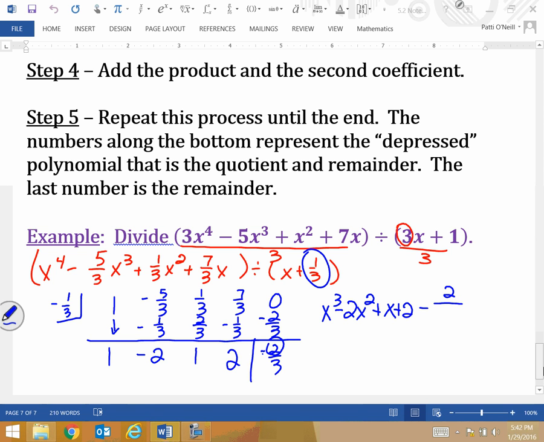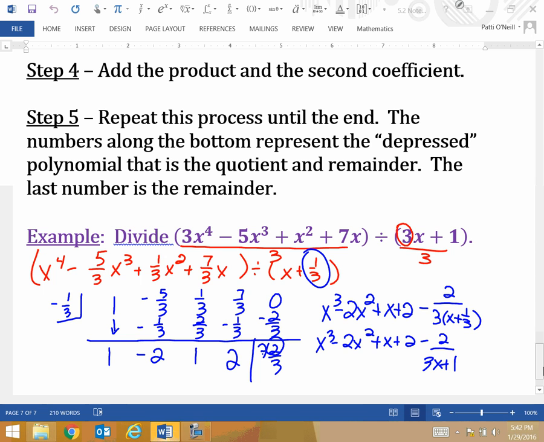The minus sign is coming from this minus sign right here. 3 from the denominator times the quantity of x plus 1/3, which is going to be x cubed minus 2x squared plus x plus 2 minus 2 over 3x plus 1.